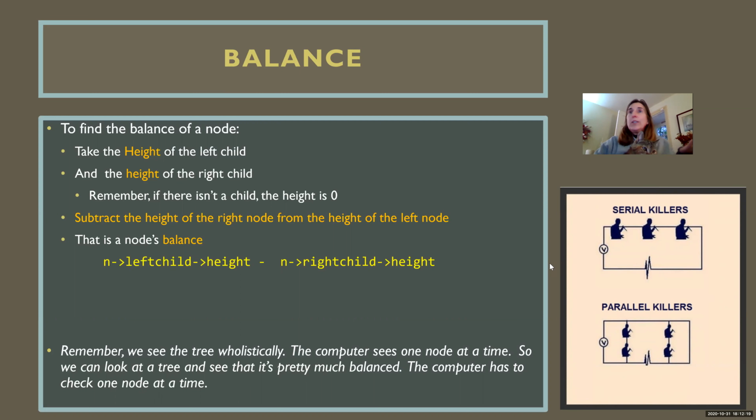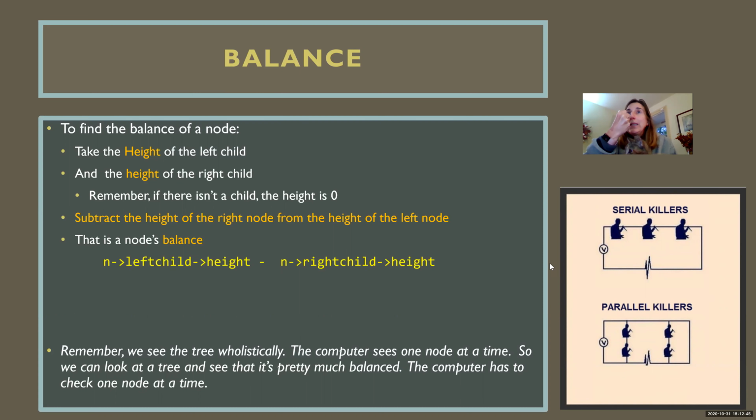Now, the other thing I want to point out is, when we look at a tree, we see the tree holistically. We see the whole entire thing, right? So we can look at it and go, yeah, it looks pretty balanced to me. I'm good with it. Or, no, that's just not balanced at all. We can just tell by looking at it. Remember, computers aren't humans. They can't do that. The information a computer has at any given moment is the information inside a node. So it looks at one individual node at a time.